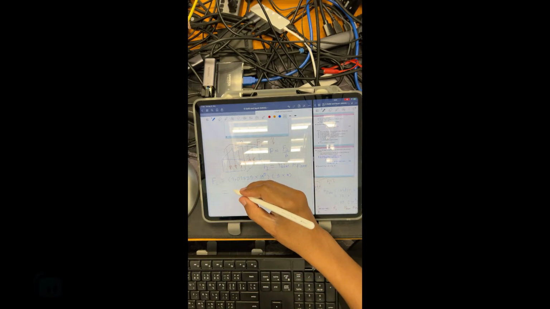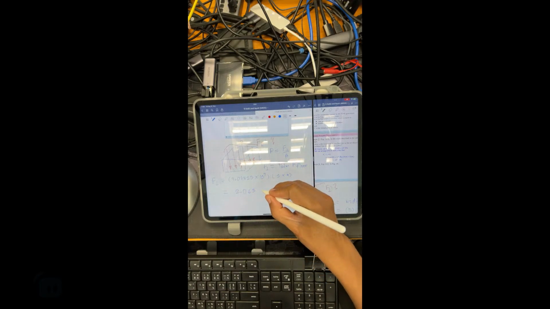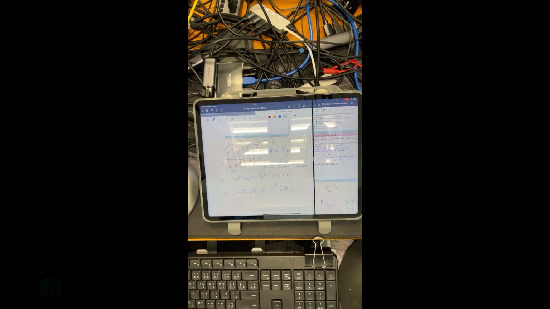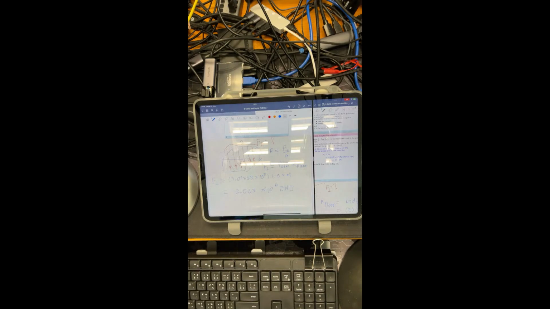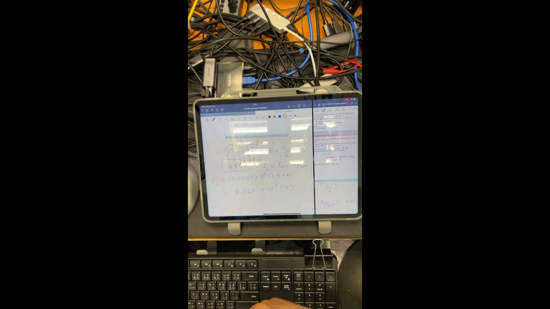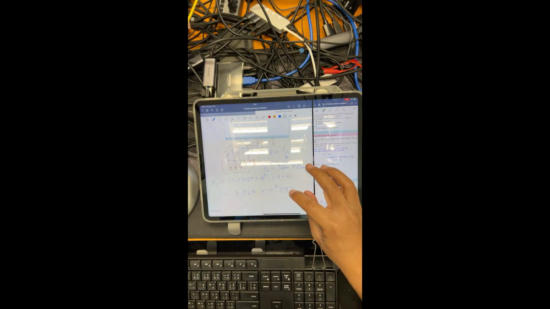It's equal to 2.065 times 10 raised to 6, and the unit is Newton, like this. Okay, I hope it's not too difficult. That's the thing you may see from this one.